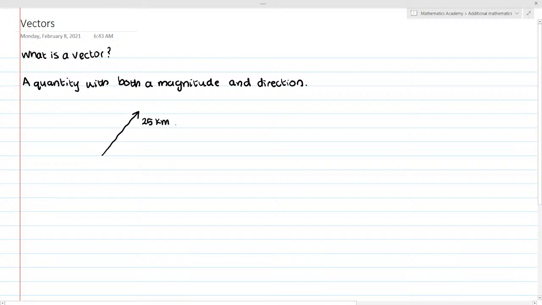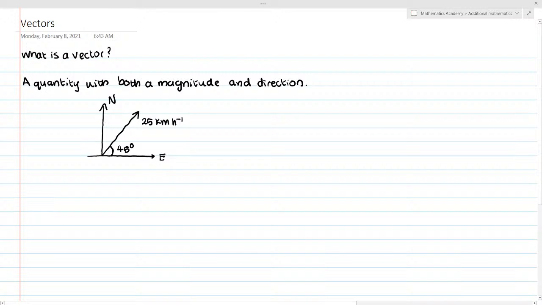So if we draw the velocity arrow for that car, we also know that it's traveling northeast. So what's northeast? Well, it's right in between north and east, and so we can say that if this horizontal line at the bottom here was east, and this vertical line here was north, then we'd know that this is 45 degrees.